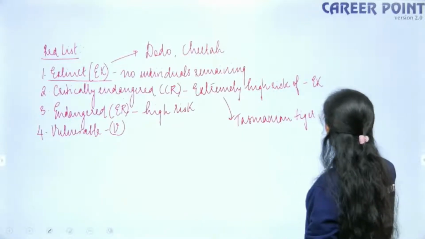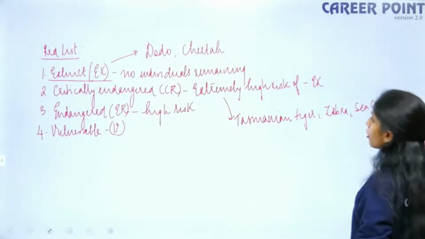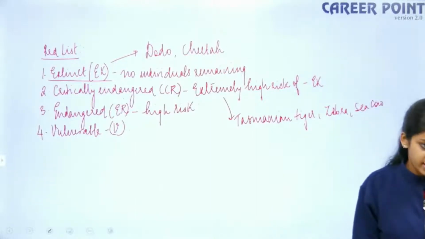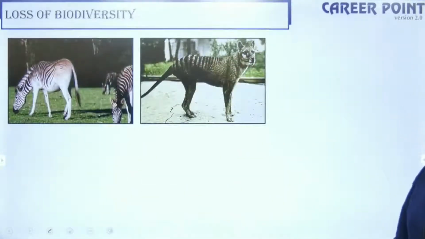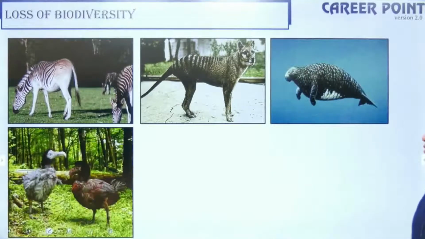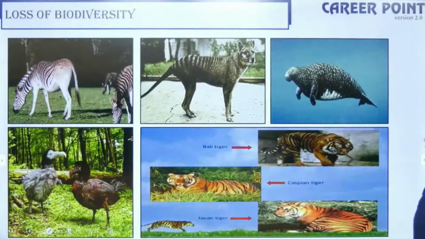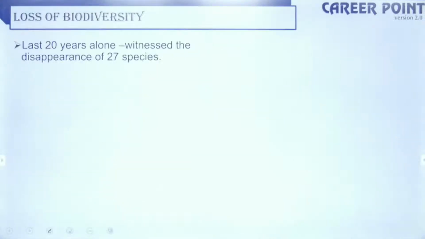You have one kind of zebra, your sea cow. So all these are almost on the verge of extinction. So all these you should remember, right? So this is your zebra, this is your Tasmanian tiger, this is your sea cow, your dodo bird, and 3 species of tiger which are also on the verge of extinction. Okay.